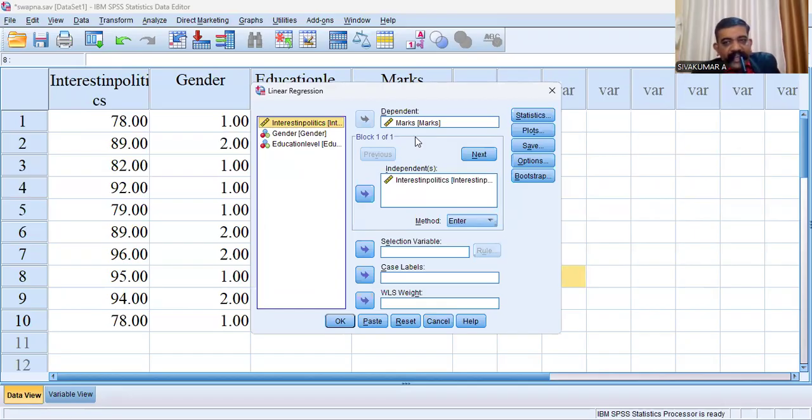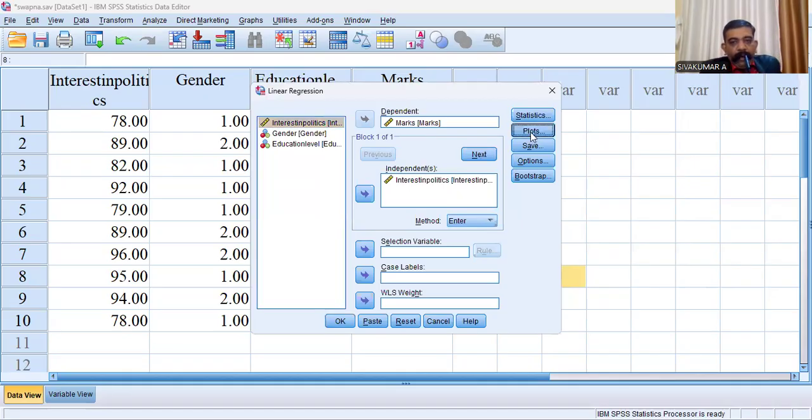You need not do the entire regression analysis here. Our mission objective is to check only mandatory condition number 6 and mandatory condition number 7.